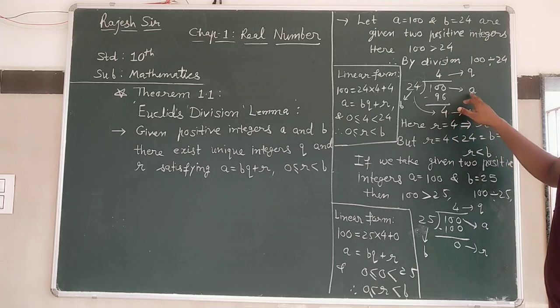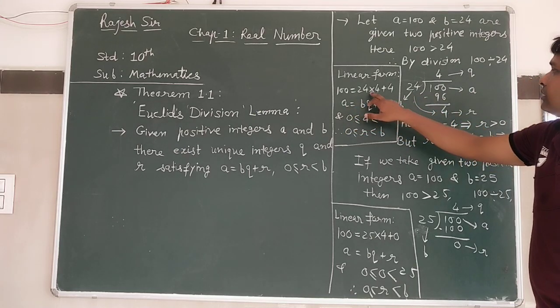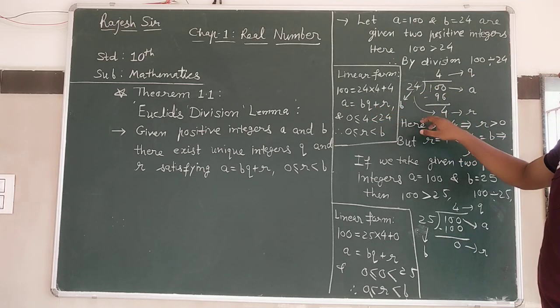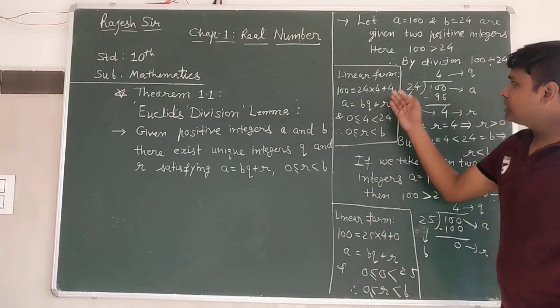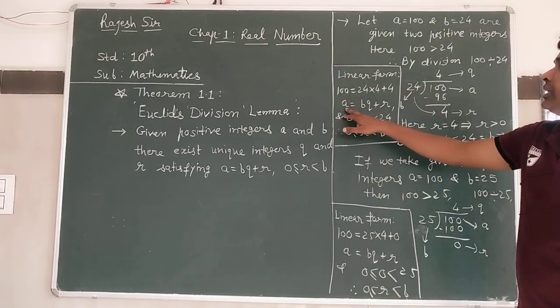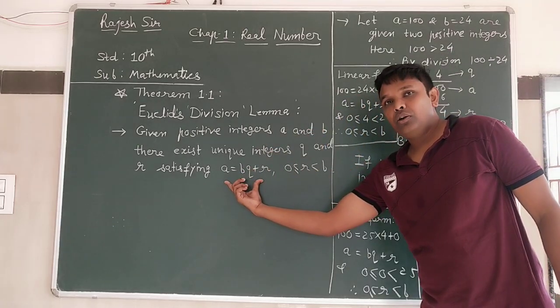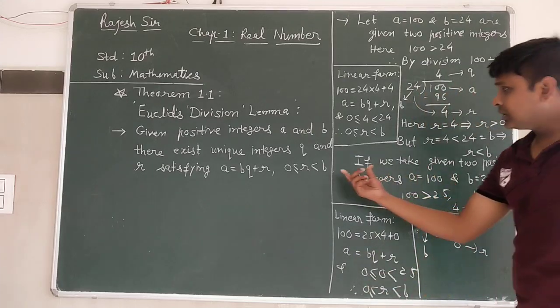What we have done: a equals divisor b into quotient 4 plus remainder 4. 24 fours are 96, and 96 plus 4 is 100. So in this form we can write a equals bq plus r. That is this part of the theorem.